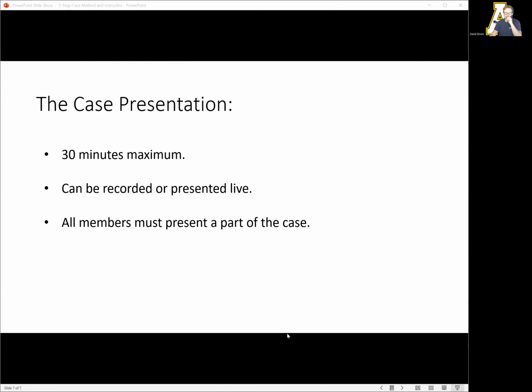So, the last stuff about the case. 30 minutes maximum, no longer than 30 minutes. Brevity is the soul of wit. On the day that you are scheduled to present, you can either record it or present it live, but I want all members to be a part of the case. So it means that each group member will take one section that they themselves will do.